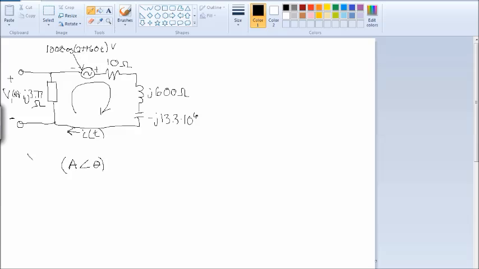So if we wanted to put this cosine statement into polar form, we can see that amplitude is 100 right here. The phase shift is 0 because there's no phase shift here. If there was a phase shift, it would be 2 pi 60t minus 45 degrees or something like that. So we could call this 100 angle 0.